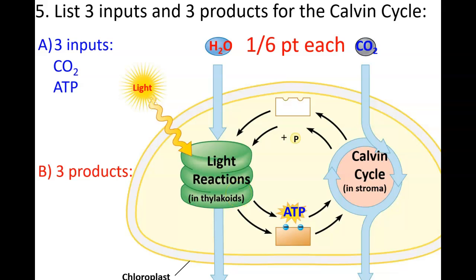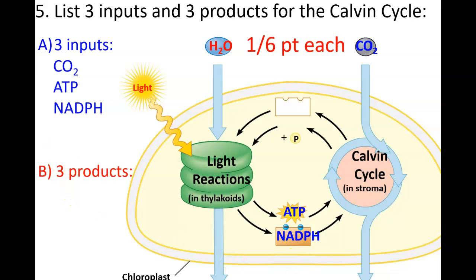Just like in cellular respiration, we need the ATP produced from the cycle before. And if you notice, the Calvin cycle is happening in the stroma. The next one is that NADPH. So these inputs here, products of the light reaction, are part of the inputs for the Calvin cycle.